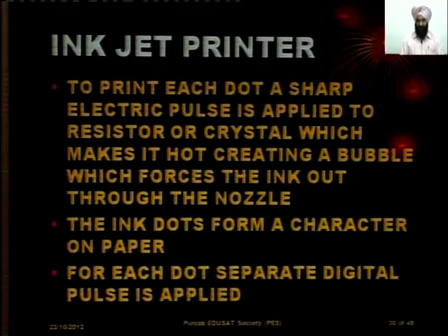For each dot, a separate digital pulse is applied. For each dot, how much ink is required and whether ink is required or not, a separate digital pulse is applied, which decides the quantity of ink and the area of the paper where this ink is to be sprayed.